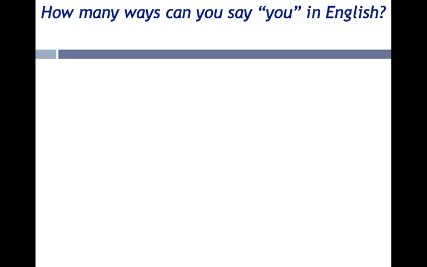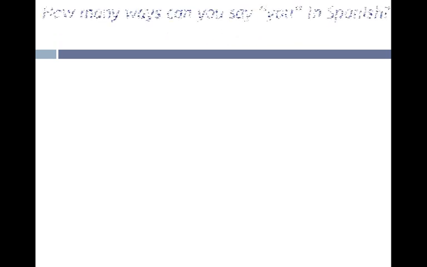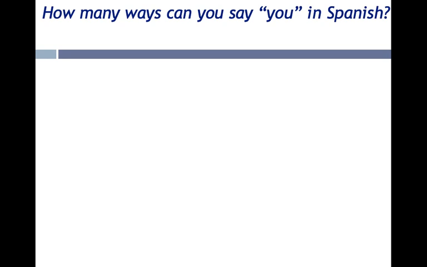So I'll begin with a question: how many ways can you say "you" in English? Basically, just one, you. There might be slang, y'all, you guys, yuns in the South. There might be slang ways to say a plural you, but basically there's one. Well, what about Spanish? How many ways are there to say you?